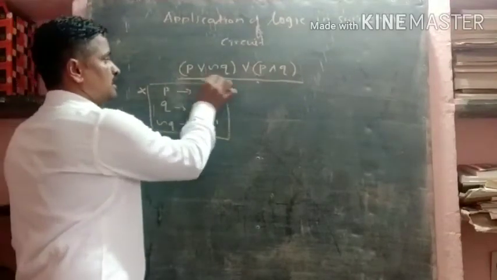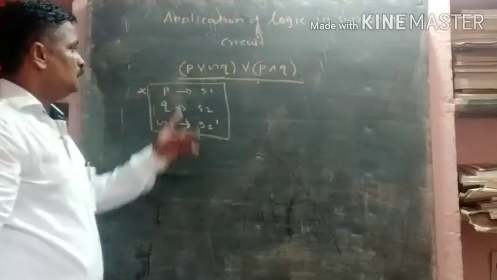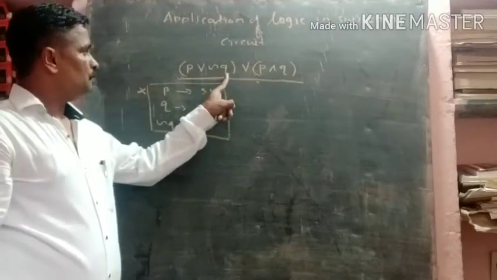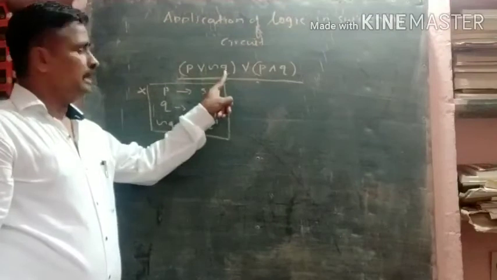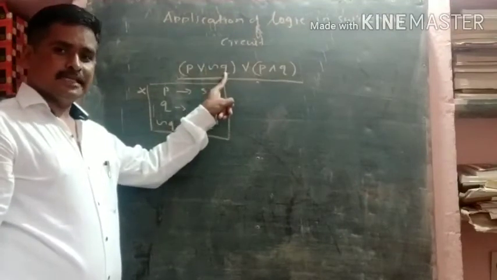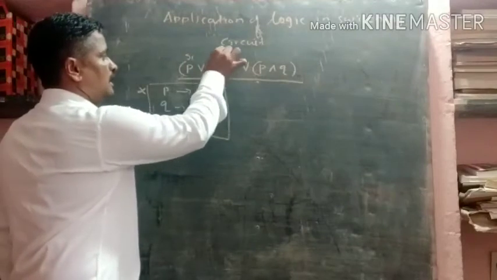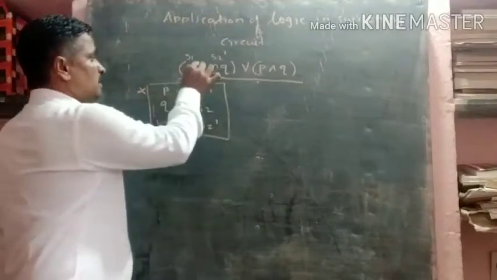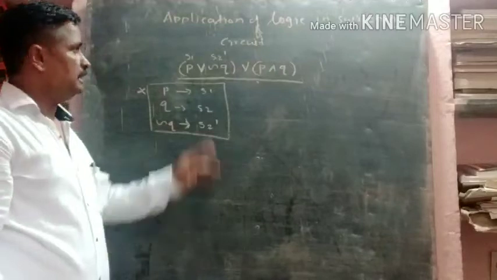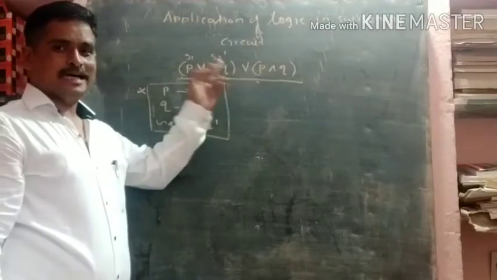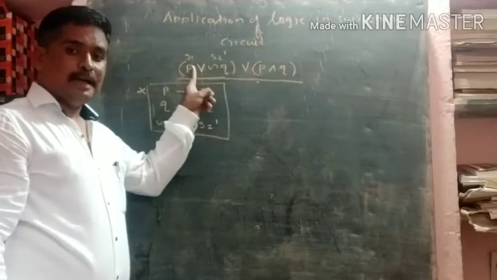So we construct the circuit diagram of the given logical statement. First, consider this bracket. What is the meaning of this bracket? That means P and negation Q. P is S1 and negation Q is S2 dash. So it is S1 and S2 dash. What is the meaning of disjunction in a switching circuit? That means S1 and S2 dash are connected in a parallel way.